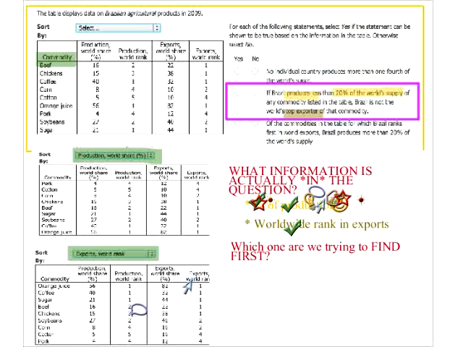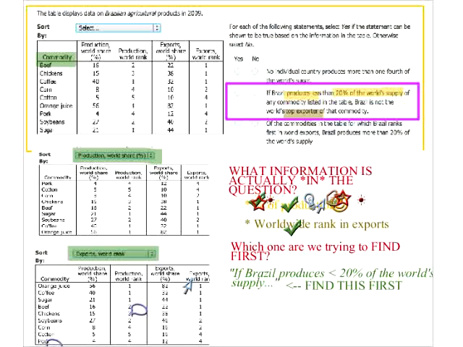Well, if Brazil produces less than 20% of the world's supply, so this is the qualifier. This is the part that tells you what it is that you're supposed to be looking for. So you need to find this first, because that's what the statement is about.